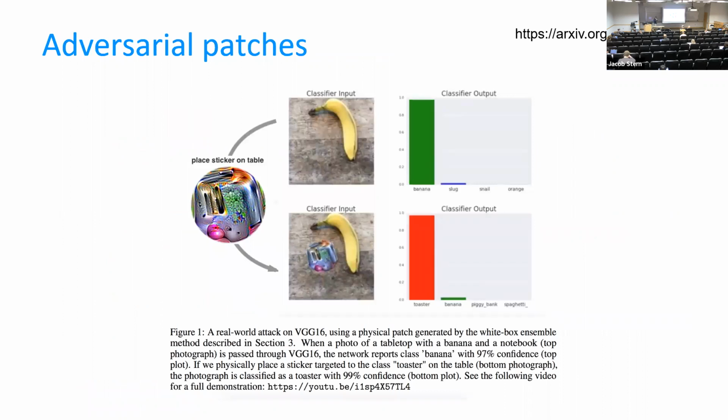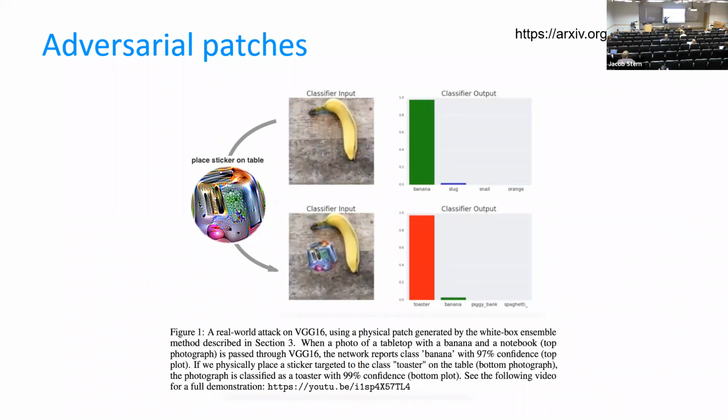Okay, so this is another example of a universal perturbation. This sticker causes, if you print it out and place it on a table with anything else, most classifiers that are trained on images will classify that entire image as a toaster.